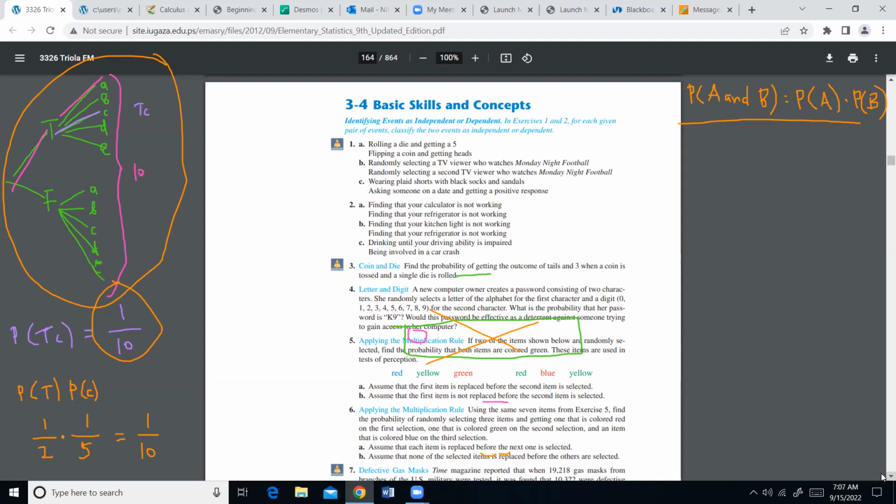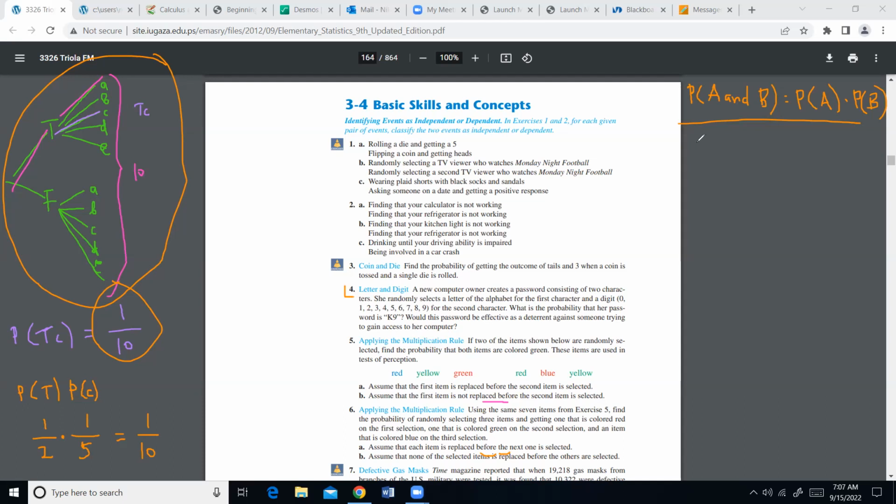So anyways, let me go to section 3.4, the exercises, and continue with more probabilities here. For example, exercise number 4 that says letter or digit.